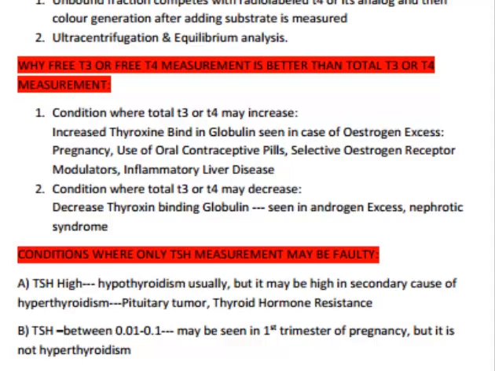One is TSH secreting tumor. Another one is thyroid hormone resistance. In these cases, we may get an increased TSH value, and if we do not measure T4 or T3, we may treat it as hypothyroidism.